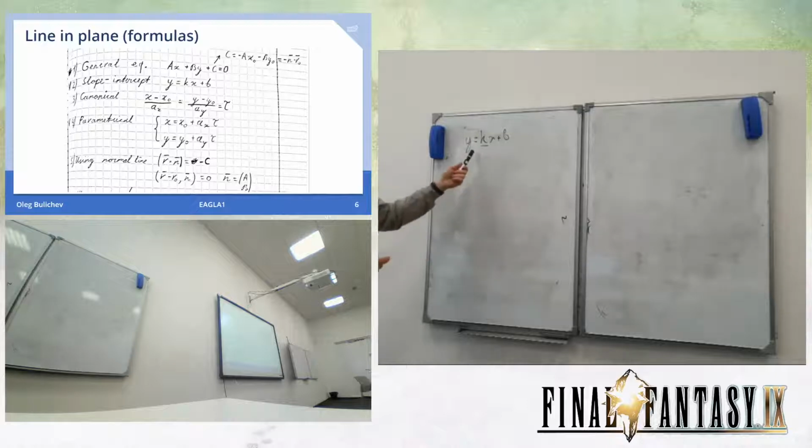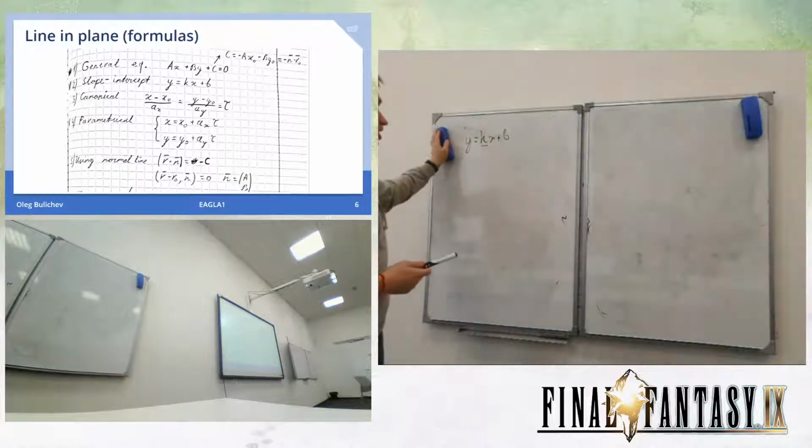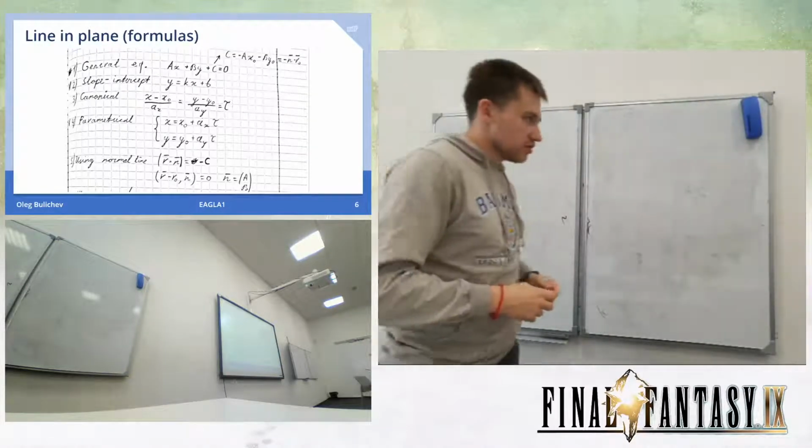So why slope? Because it shows the tangent of the angle between this line and the x-axis. Correct. So this k shows the tangent of the angle between the x-axis and our line. Nice.